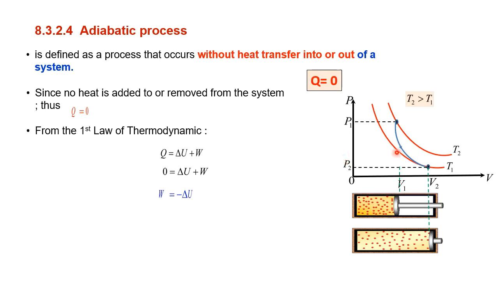Now let us relate this with the first law of thermodynamics. In this expression, we have to substitute Q as 0. So the expression becomes work equals negative change in internal energy. That means the internal energy is decreasing.